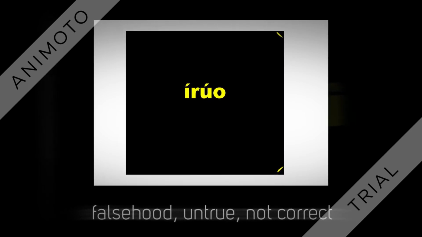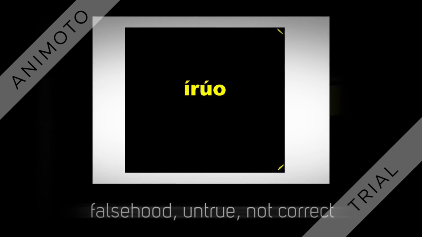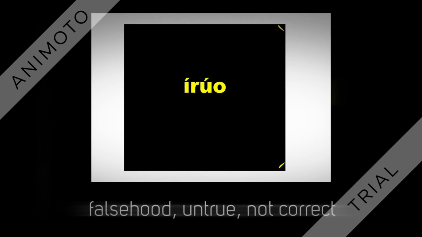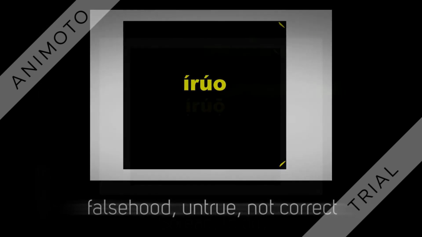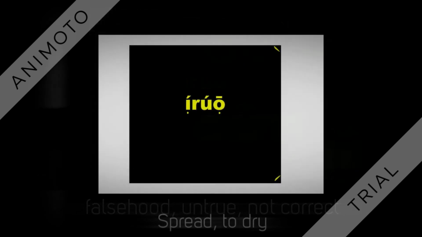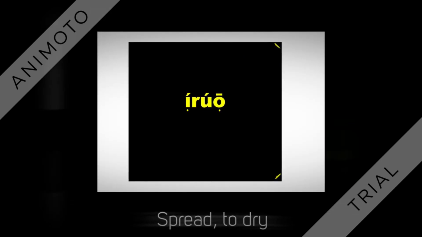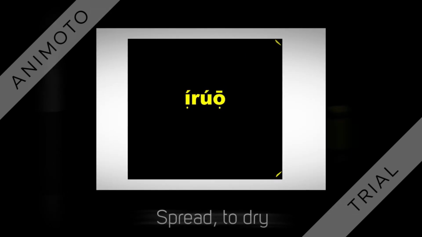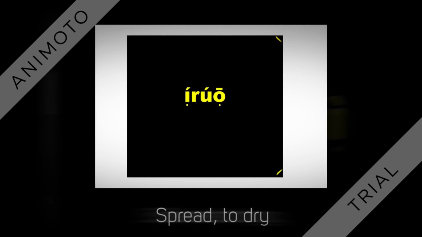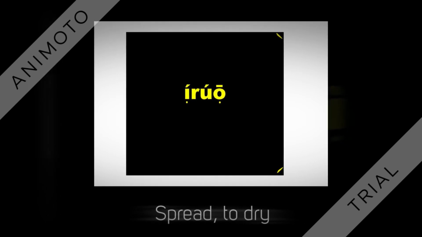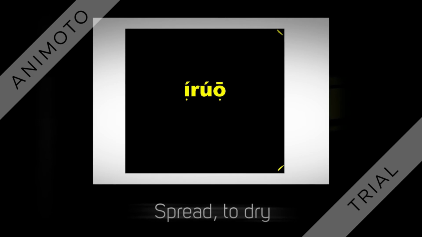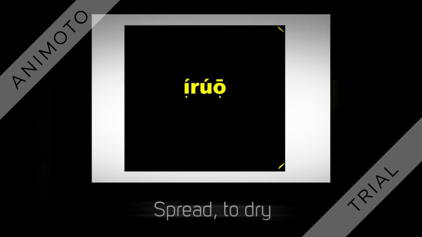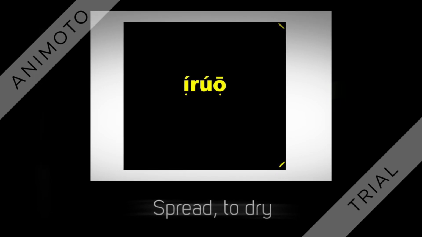Iruo. The stress marks on the I and U are all rising from left to right with a flat mark on the O. Iruo, when somebody is telling lies, when a story is not true.